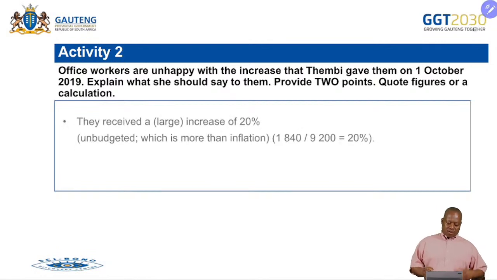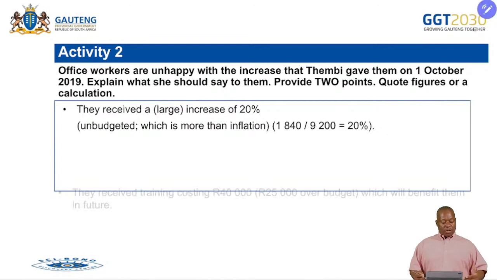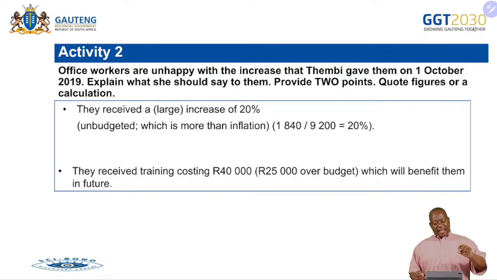So these guys, I think they don't have a reason for being ungrateful. So what can be our reasons here? They received an increase of 20%. It's even far more than the inflation rate. So they must be grateful. What else? They received training which cost 40,000, even 25,000 more than they budgeted. This will benefit them in future.